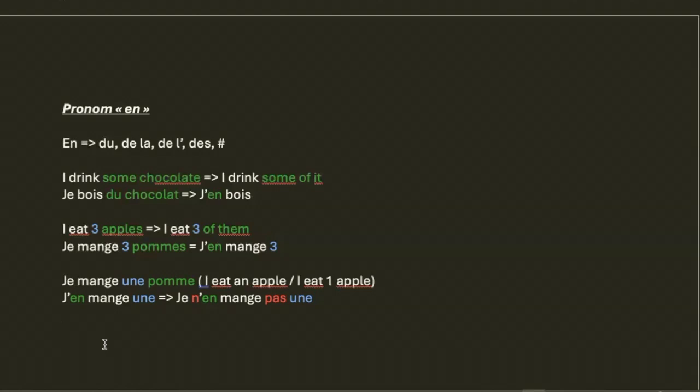Then you put the direct object pronoun: le, la, l', and les. Then the indirect object pronoun: lui and leur. Then the place, y, and then en. So pretty much in the order we learned them, it's the order you're going to see them in a sentence. Okay, so placement des pronoms.